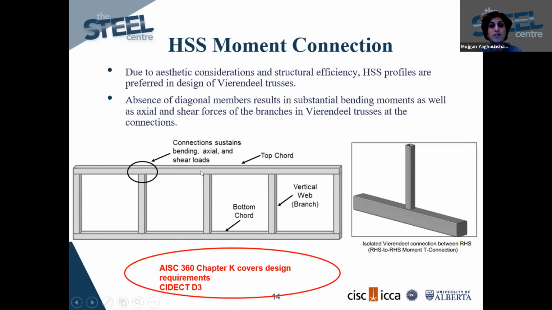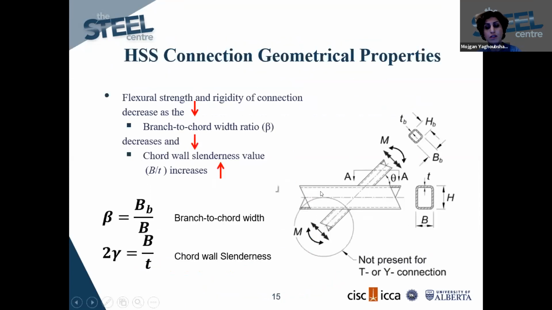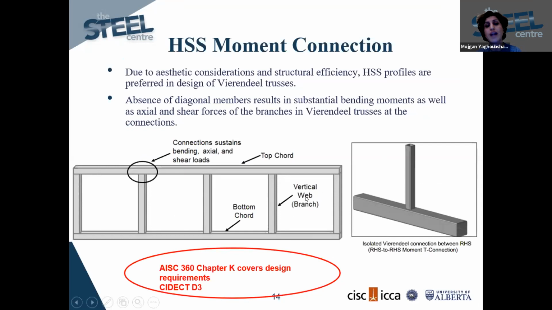See, we have horizontal elements that are called chord elements, and we have vertical elements, and they are called vertical webs or branches.